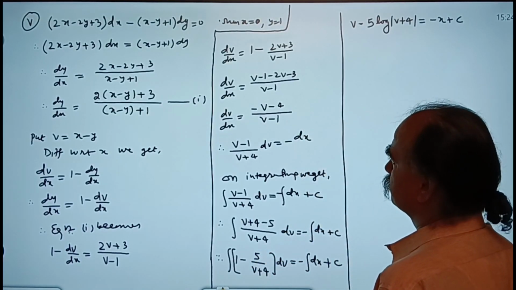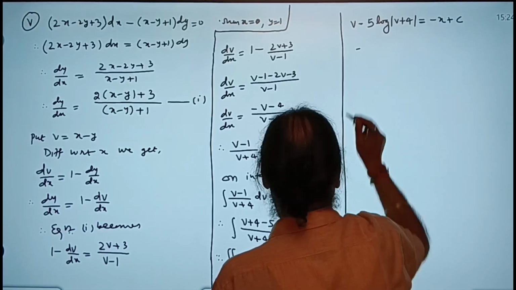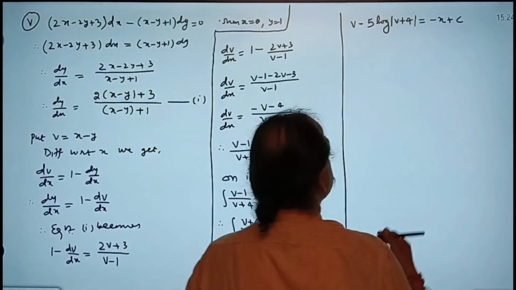And v is what? x minus y. So x minus y minus 5 log x minus y plus 4 is equal to minus x plus c.